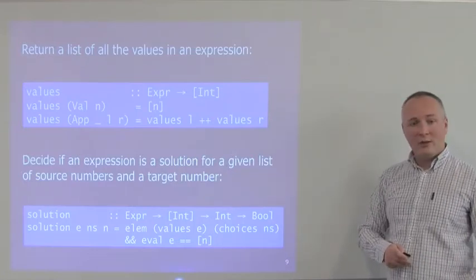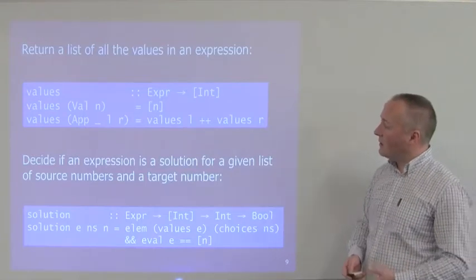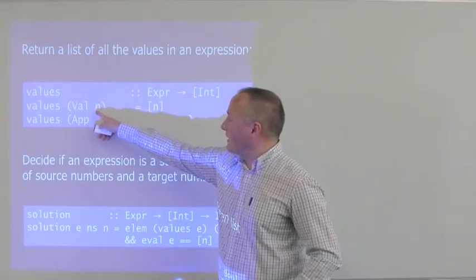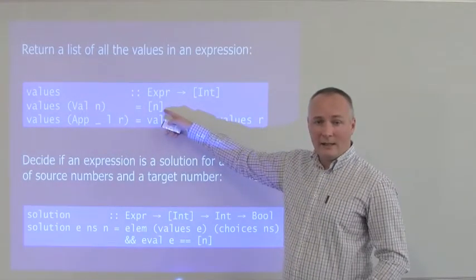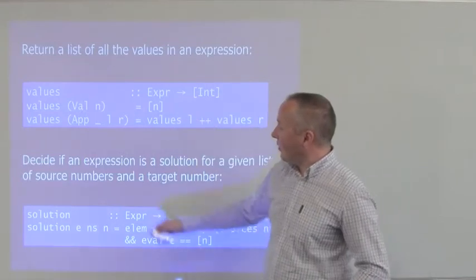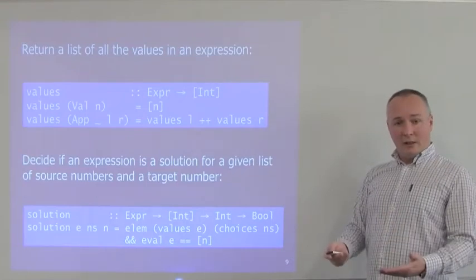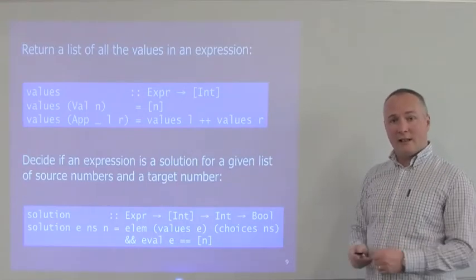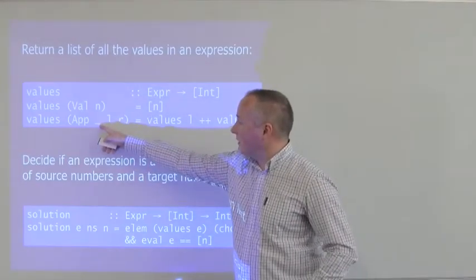We have 2 equations which follow the structure that an expression can have. So an expression can either be a value n, in which case we just turn that into a singleton list with n itself sitting in the list, or it can be the application of an operator. And we don't care what the operator is, because we're only interested in collecting all the values or numbers in the expression. So let's not match on that. Let's not give it a name.